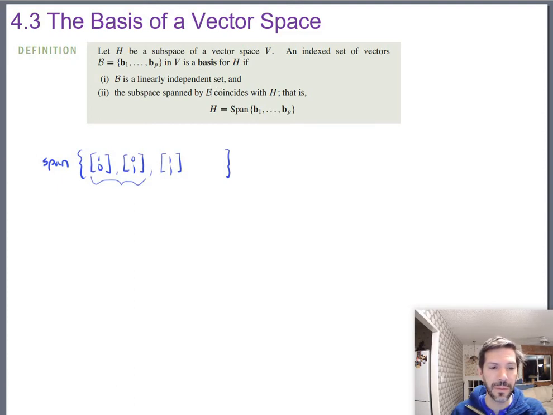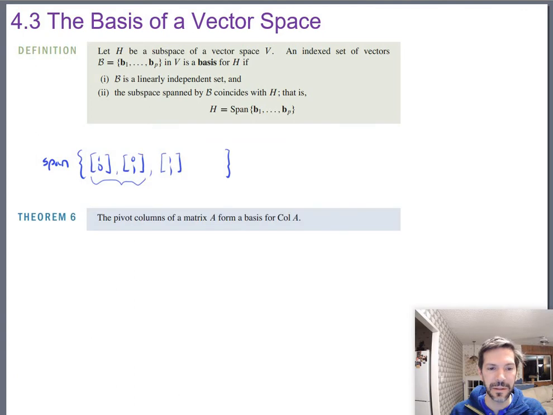And I don't know if you remember how we figured out linear independence, but let me just lay this on you. Pivot columns for a matrix end up being the linearly independent columns for that matrix. So if we are talking about the column space for a matrix, which is the same thing as talking about a span, right?